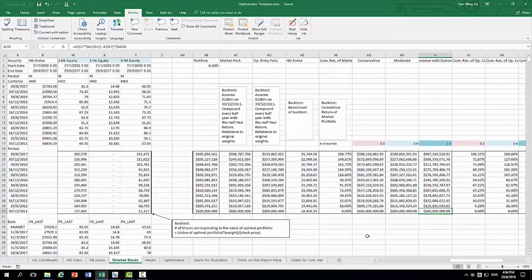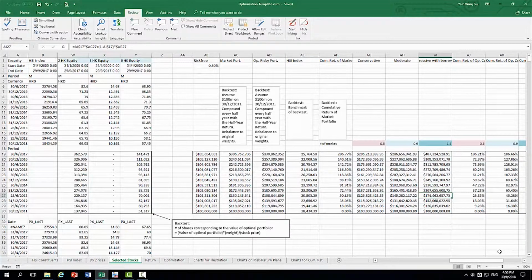For aggressive investor with borrowing capacity, he would borrow 50% of the money and invest 150% of his money into the market, and this is the portfolio value.